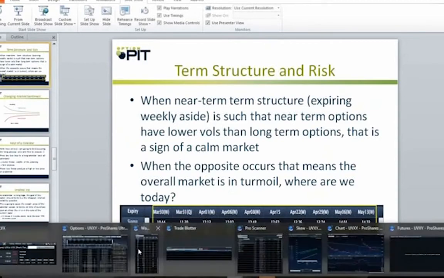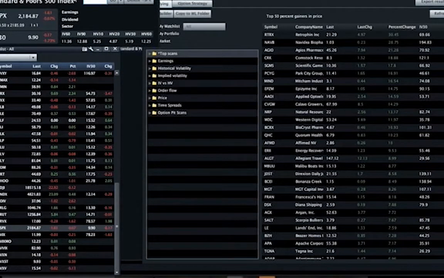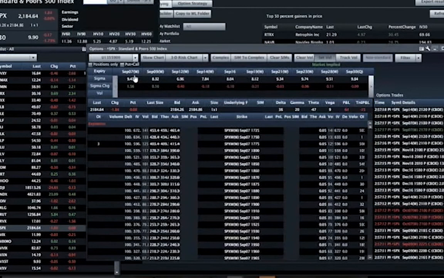So if I pull up the S&P 500, you notice we've got a little bit of volatility here, but take a look at the term structure.